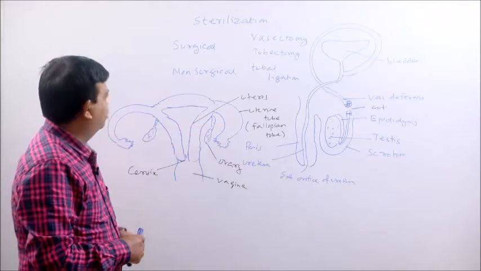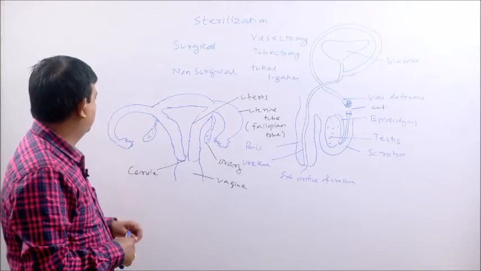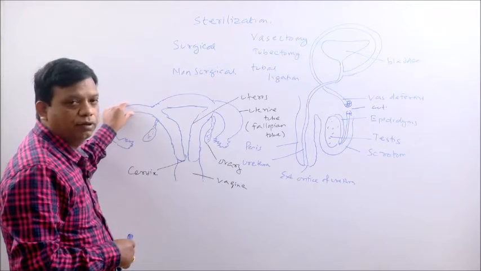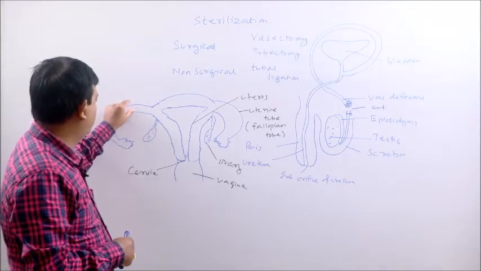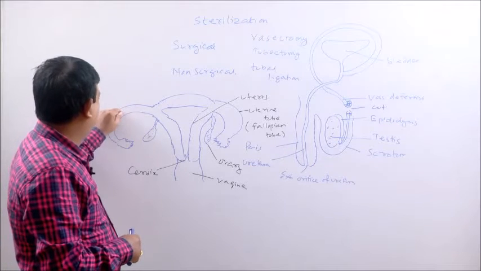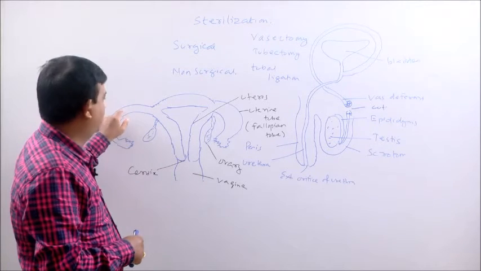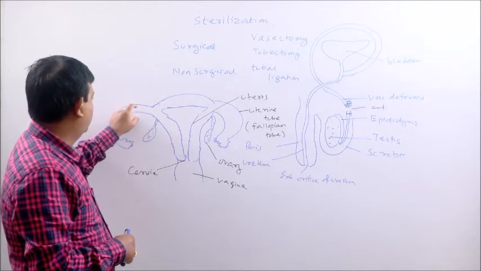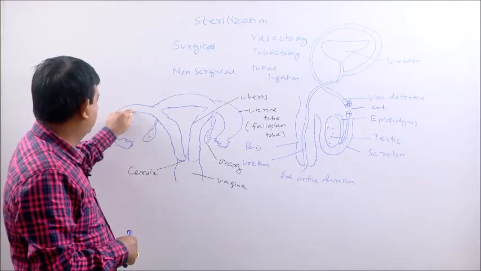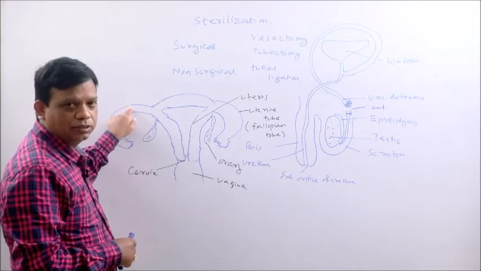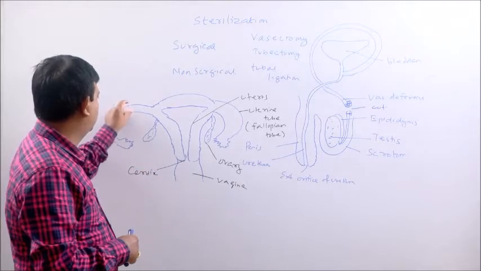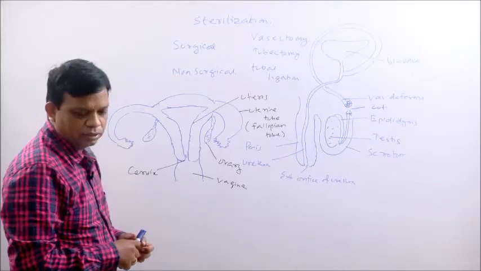So here in this process, this uterine tube, otherwise known as fallopian tube, is caught in the middle. It is tied at two places and caught in the middle, or some clamps or clips are placed on this tube, so that this passage is blocked or this uterine tube is disrupted.